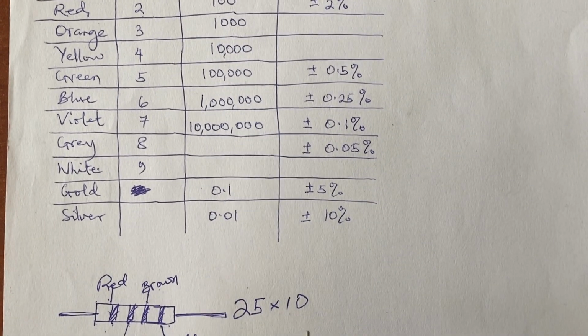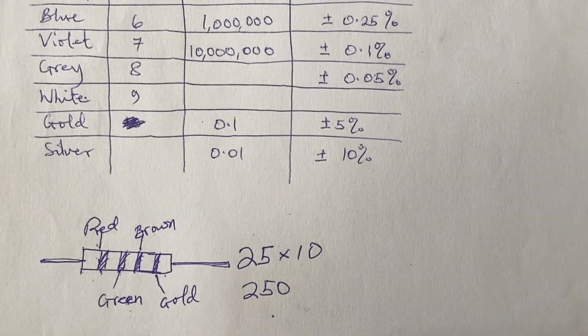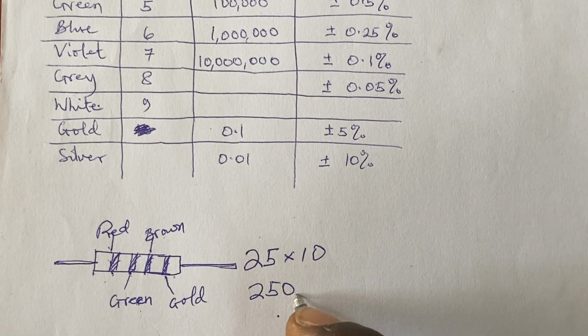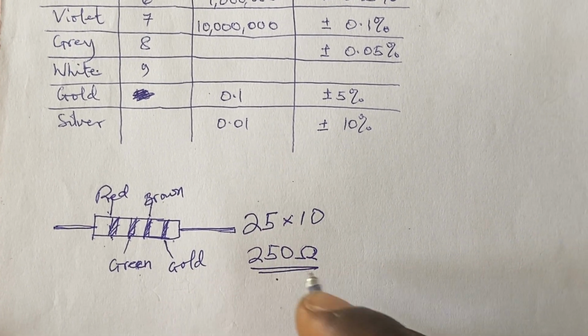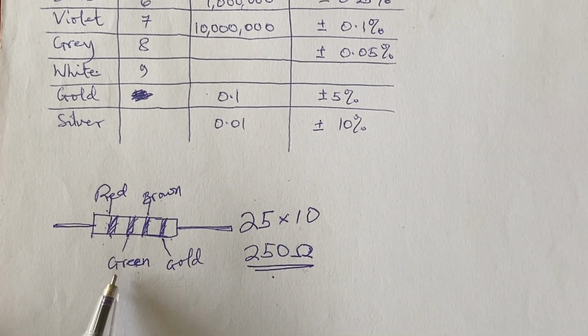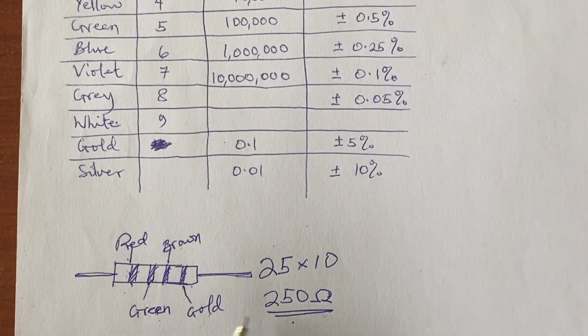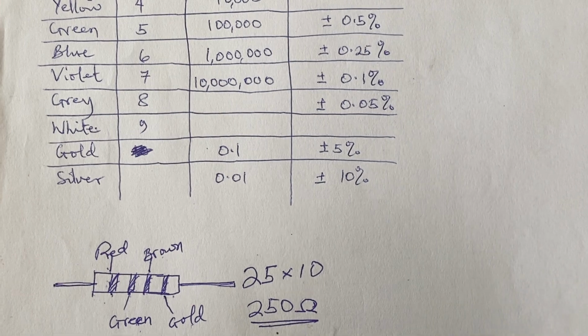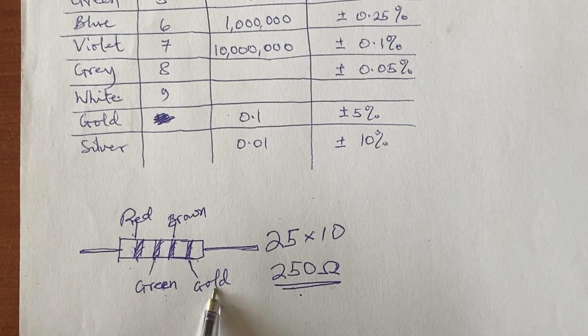So that means we are multiplying these first 2 values by 10. That is, we are adding a 0. So that makes it 2 5 0. So we can now say that the resistance value of a resistor that has red, green, brown, and gold color is 250 ohms. Now, what is the essence of this gold?